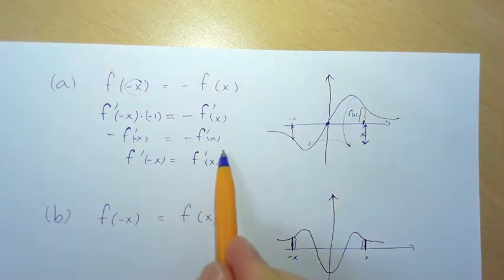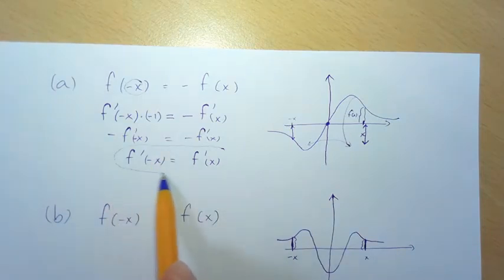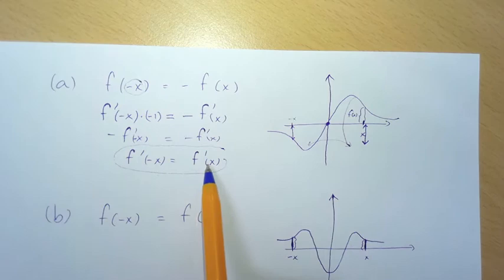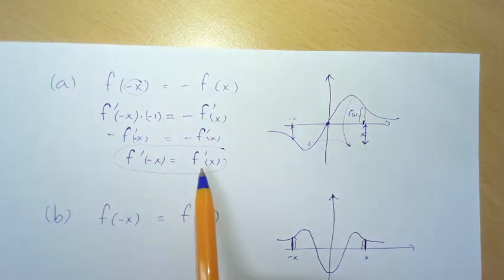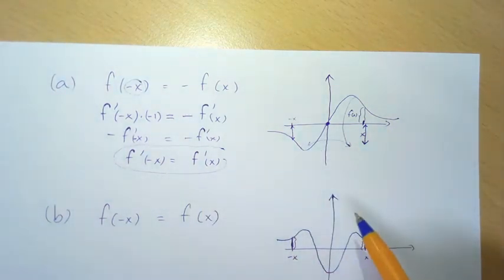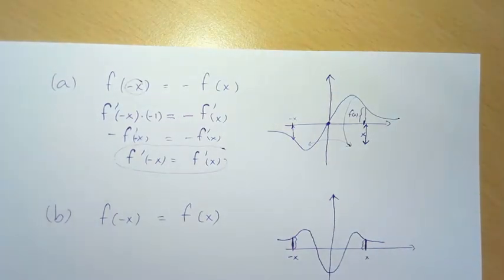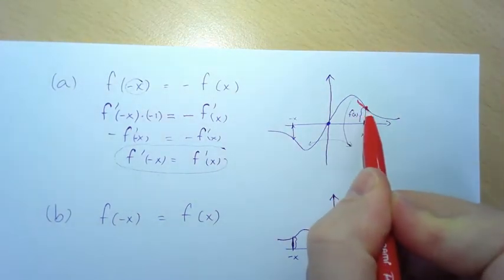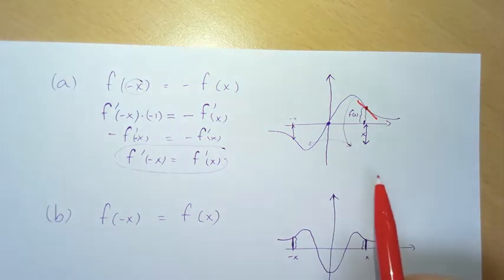So that's what we obtain in question A for our derivative. The derivative at negative x is the same as the derivative at x. Let's have a look at this graph and try to interpret it a little bit. If you look at the derivative at this point here, you can see that it's negative.